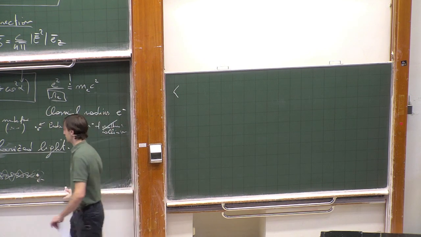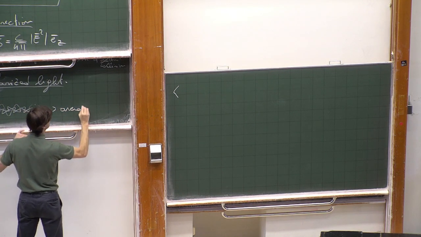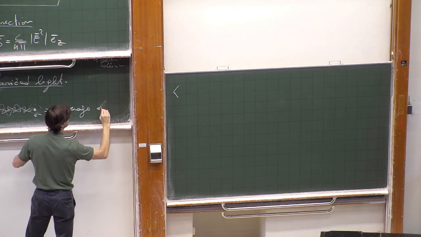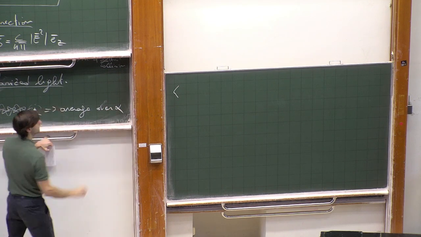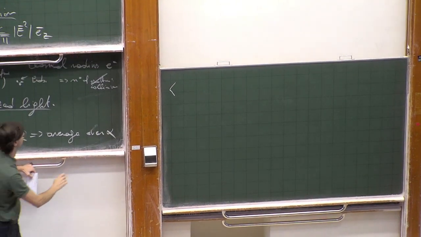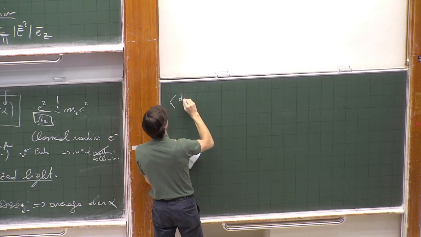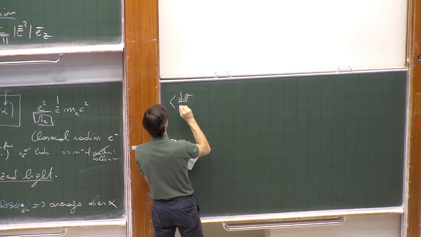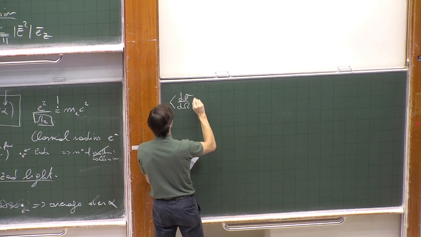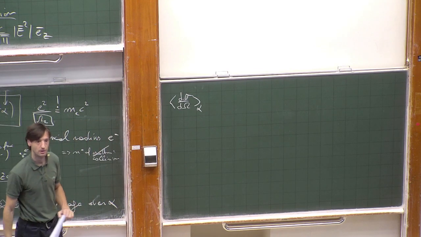The process overall is going to be given by the average over the alpha angles, the polarization angles of the incoming electromagnetic wave. Therefore, we get our cross-section, sigma over omega, and the average is done with respect to alpha.